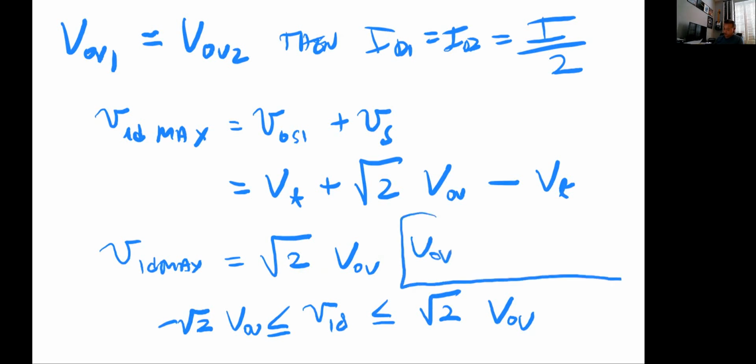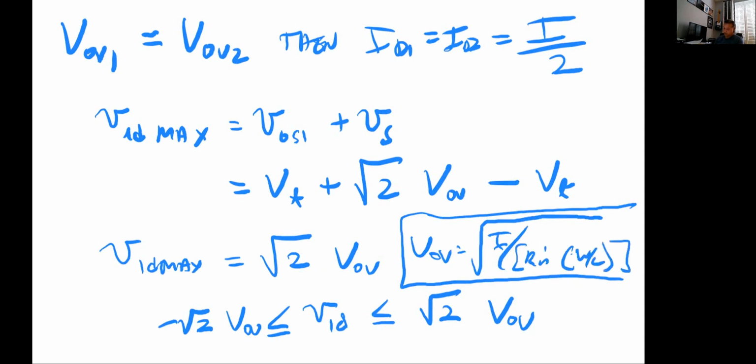I'm going to write it here. So we know the W and the L because we know the geometry of the transistors. The K prime is given by the process. Remember the mobility, the capacity of the oxide and things like that. And then this is our bias current, how we want to bias the differential pair. And then we come up with this, and that gives us a range of differential voltage.